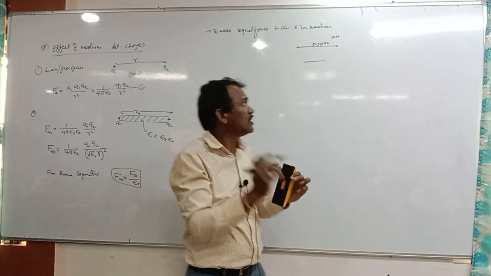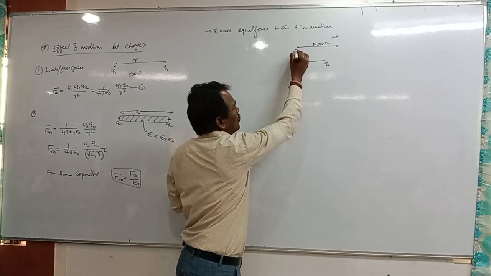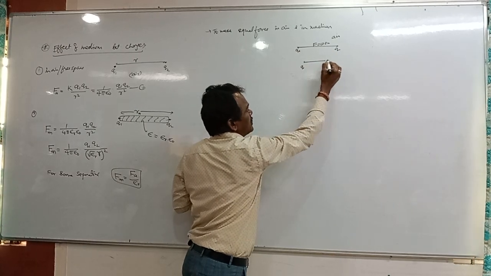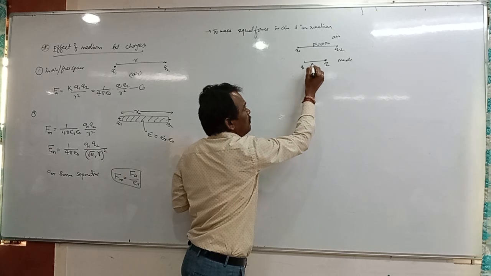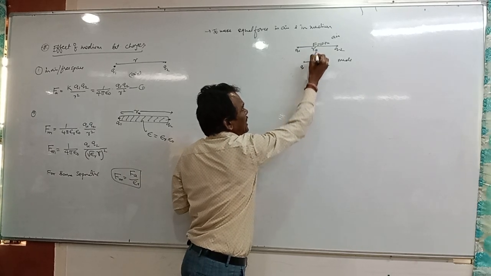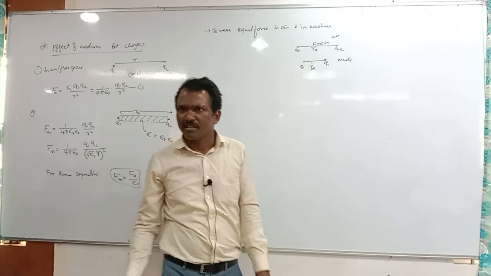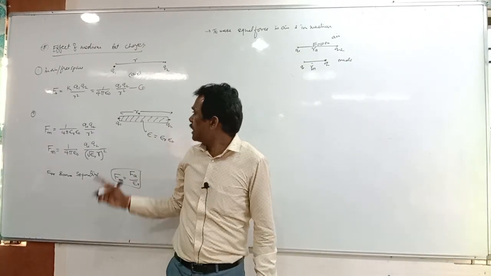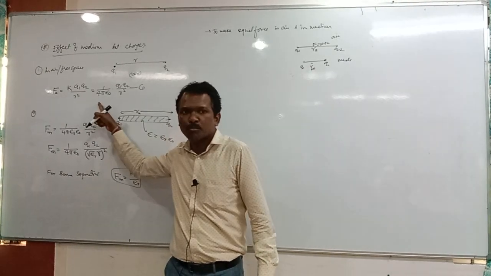Is it right? So that means in the medium, for Q1 Q2, this is in the medium. So what will be this distance? It is r in the air. It is r in the medium we have taken. Correct? That means this force in the medium and this force in the air, both should be same.